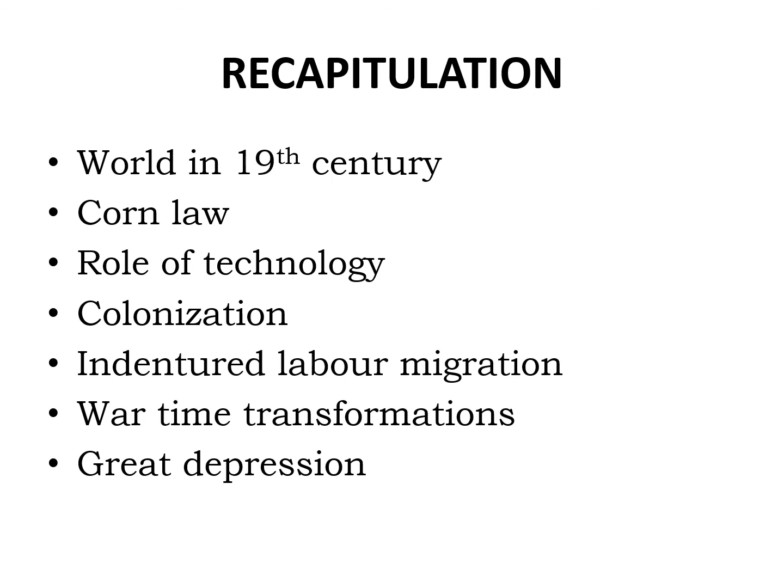So in this video, students, we have discussed the world in the 19th century, how colonization started, how technology transformed the world, trade as well as food grains, why the Corn Laws were passed and why they were taken back, the role of technology and colonization, how Africa was colonized by various European countries, and indentured labor migration.